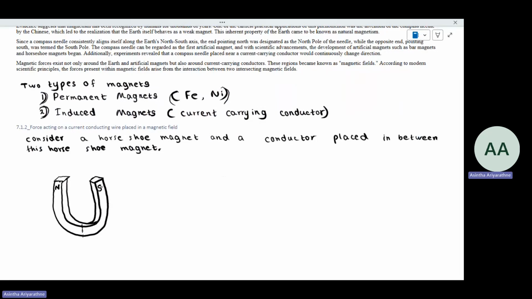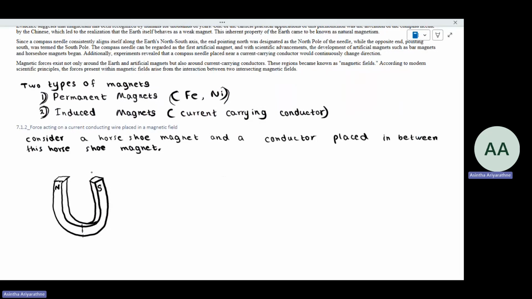There would be a magnetic field from north to south, as we discussed with the Earth's magnetic field. Earth also has a magnetic field around itself from north to south. So always the magnetic field is from north to south.